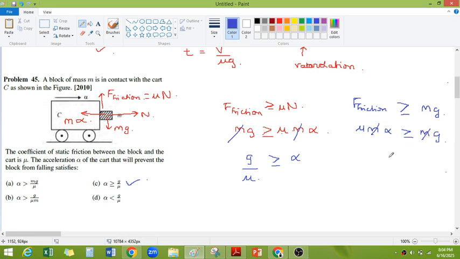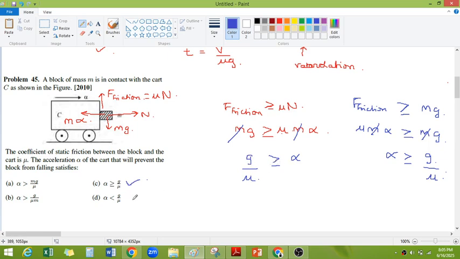So alpha should be greater than or equal to g by mu. Yeah, so this is the correct one. I think I made a mistake here, but this choice I have taken it correctly.